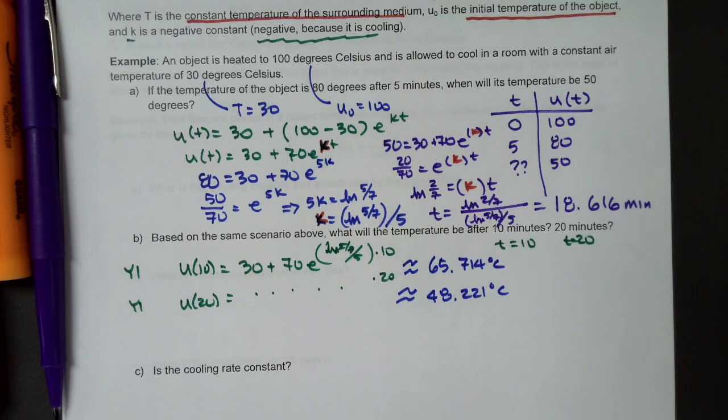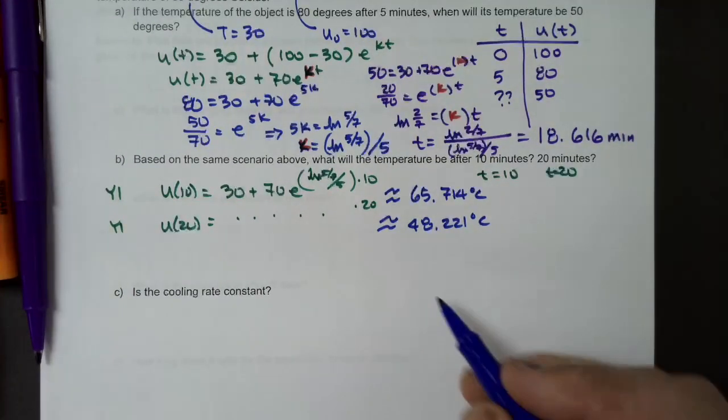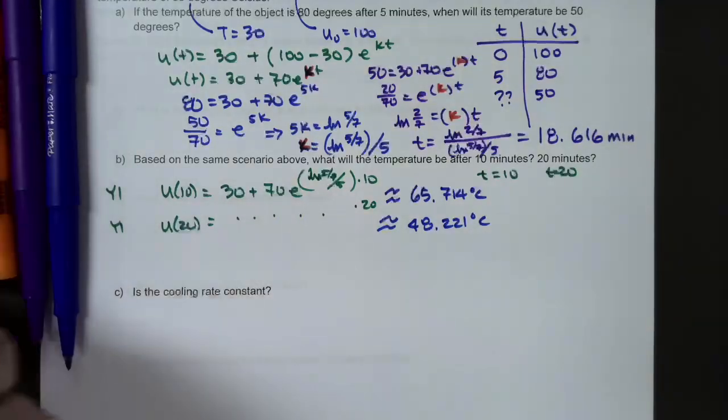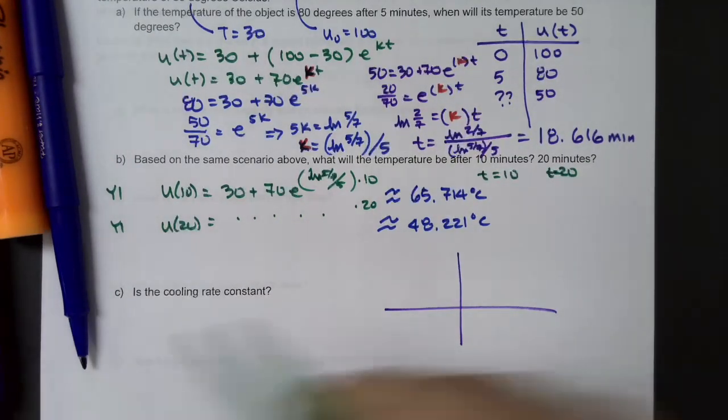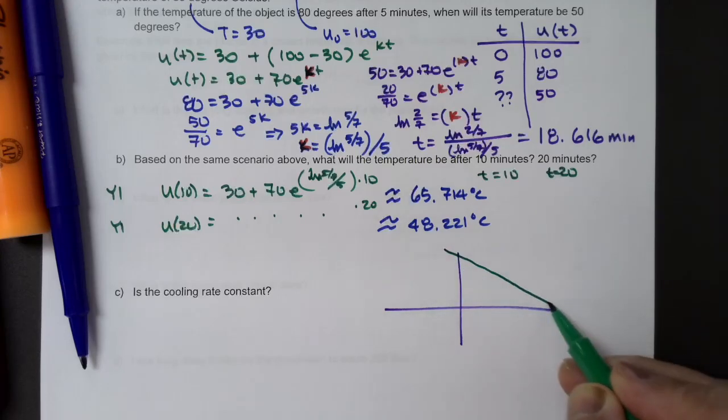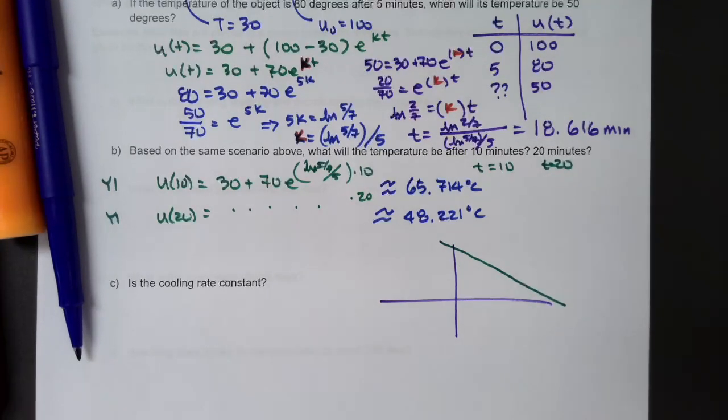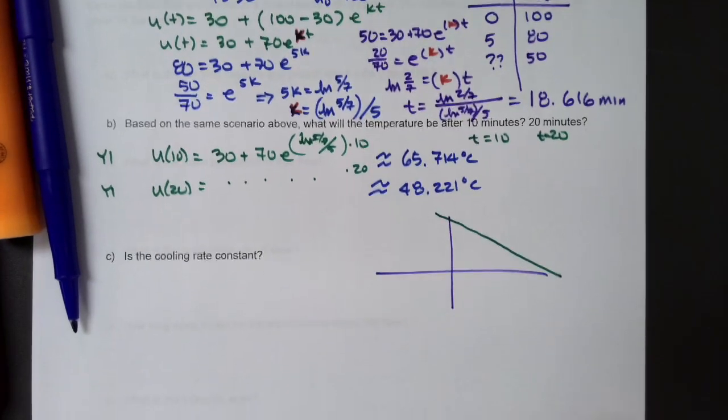Now, it's asking here, is the cooling rate constant? That would imply, if it were constant, that our temperature would be just dropping down in a linear manner. Well, let's check this and see what we had.